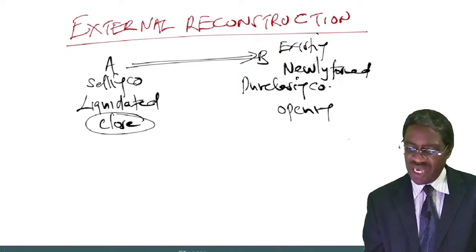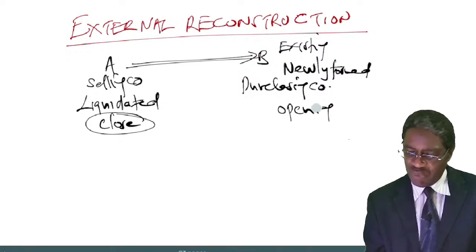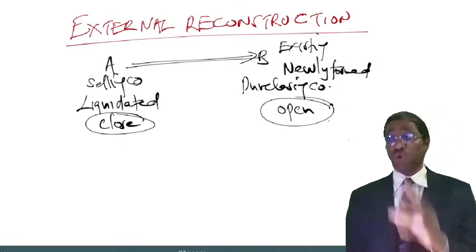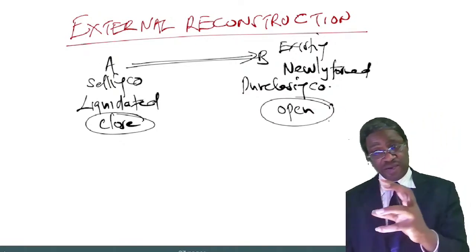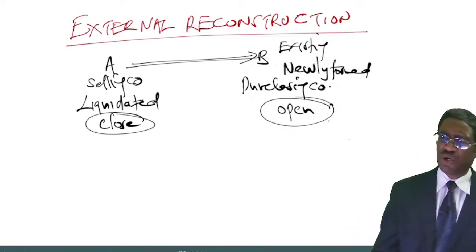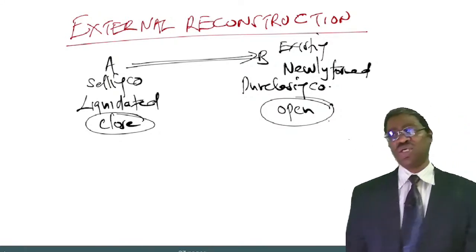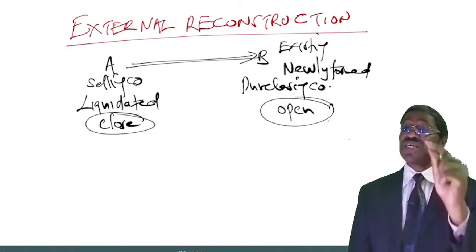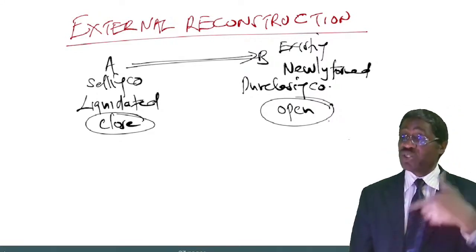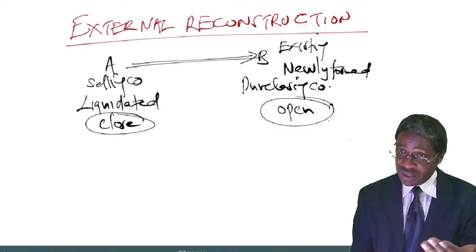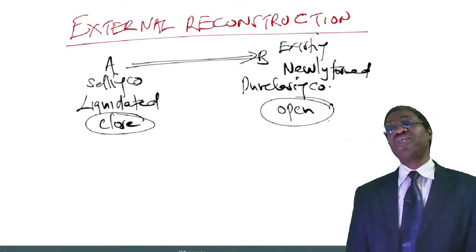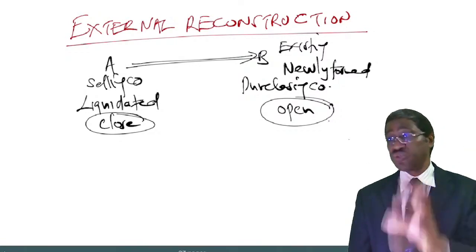So company A will be said to close their books, while company B will be said to purchase or to open their books. Whenever you are tested on this topic of external reconstruction, the examiner would normally ask you to show the entries in the books of company A, which is the company being liquidated, and you also show the entries in the books of this purchasing company, which is B.